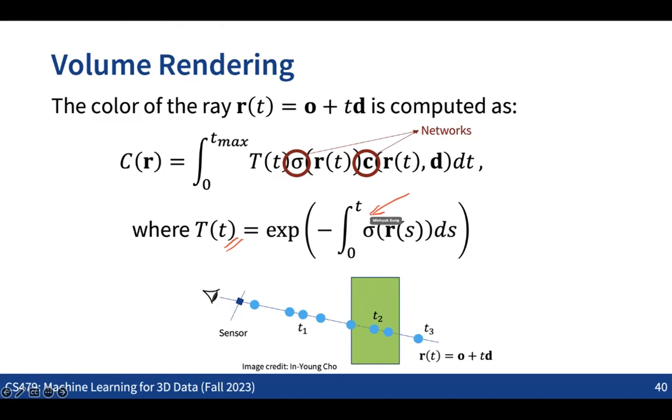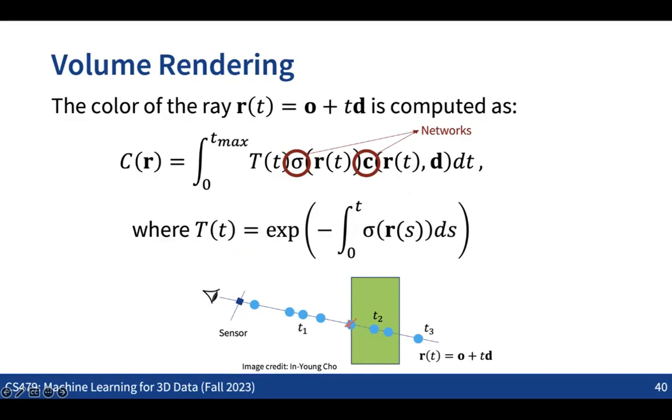Depending on the opacity values until this point, we can calculate the transparency. We are not predicting these two quantities independently; based on the opacity term, which gives the information of how likely the ray will stop at each of the points, we also compute how likely the ray will not stop until it reaches this point.